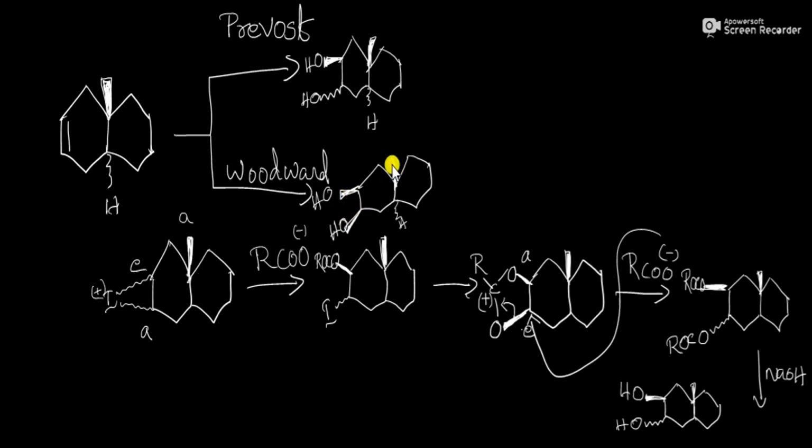Here the CH3 group is in the upper phase and both OH groups are in the upper phase. So Woodward oxidation will take place from the sterically crowded phase of olefin, whereas Prevost oxidation will take place through the sterically free side of the olefin, that is based on our SN2 attack.